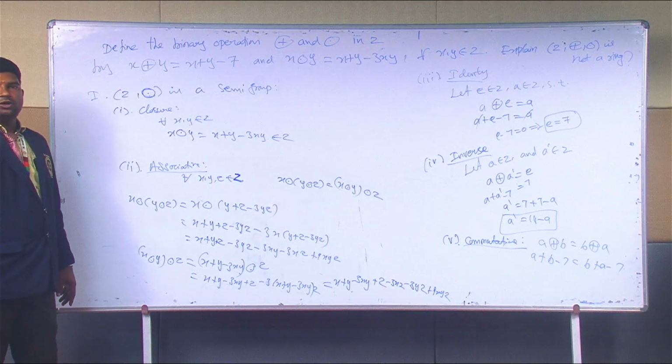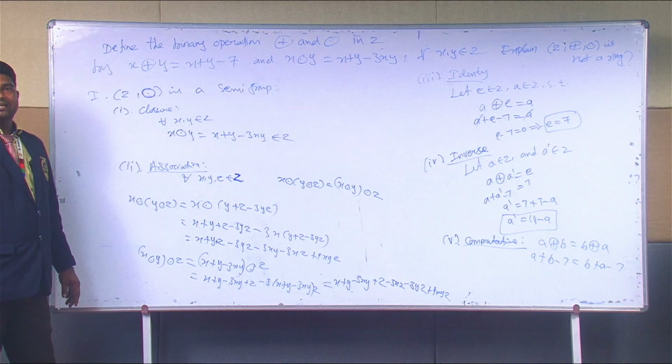So LHS equal to RHS. Therefore associative is also satisfied under multiplication modulo.